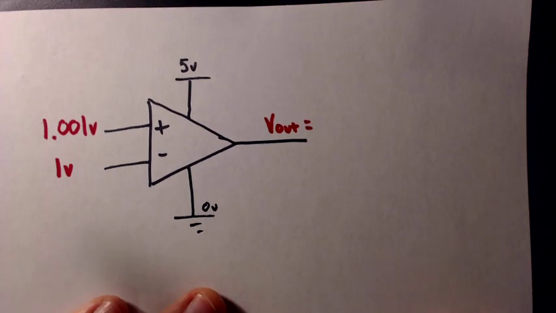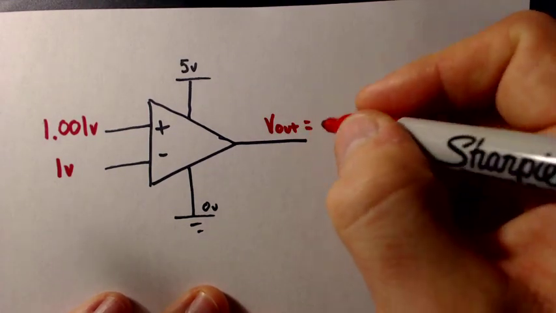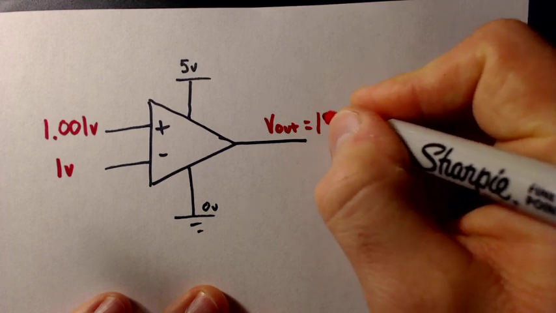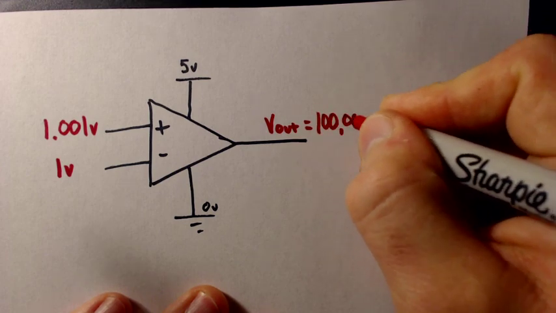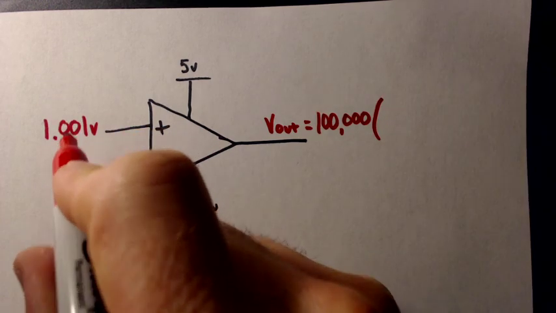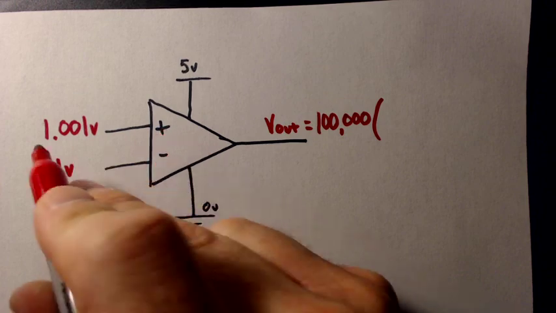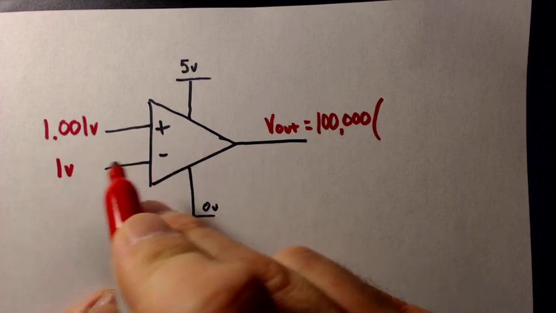Okay, so Vout is going to be equal to our incredibly large gain multiplied by the difference between our inputs. I'm going to use the signs to help me out here: plus 1.001 minus 1 volt.